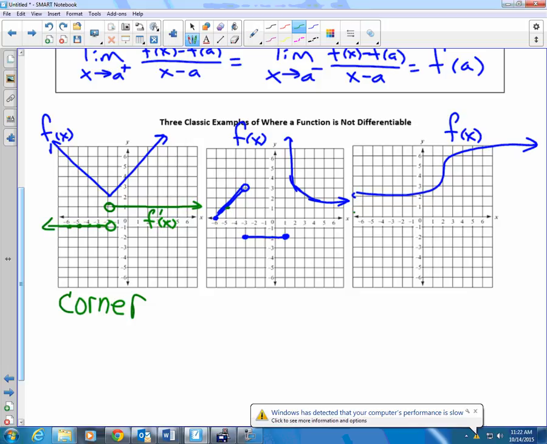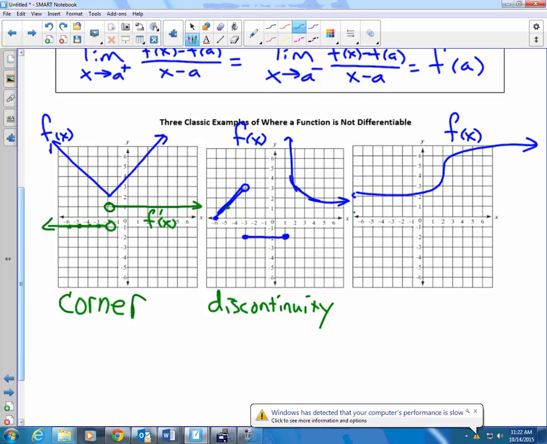Anybody guess at which spots on the second one it is not differentiable? Very good. Anywhere where you have a discontinuity, you do not have a derivative. It is not differentiable at a discontinuity.